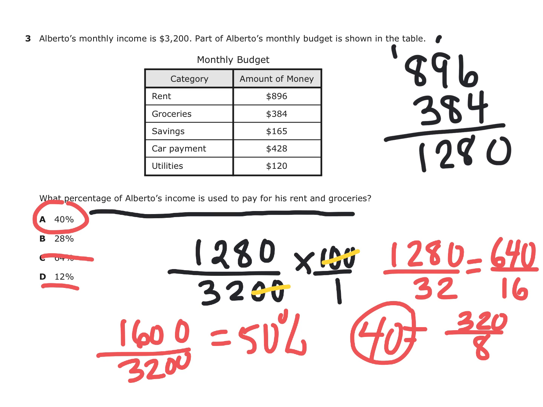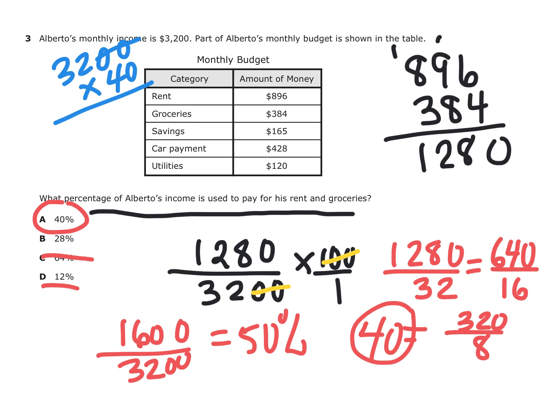And one other thing that we could do to check, you can say, well, is there a way that we could check this? What is 40% of 3,200? 3,200 times 40%. And 40% is per 100, so that would cancel 2 zeros.